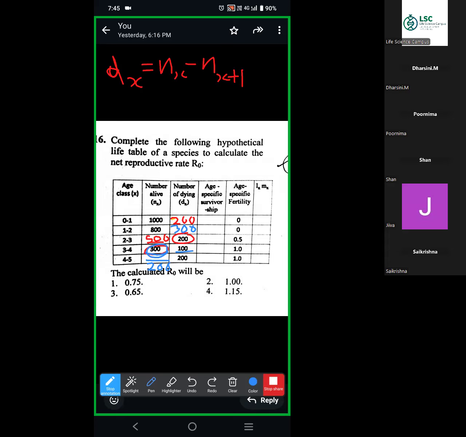Then we have to find out age-specific survivorship, that is Lx. How to find out Lx? So Lx is given by nx by n0.